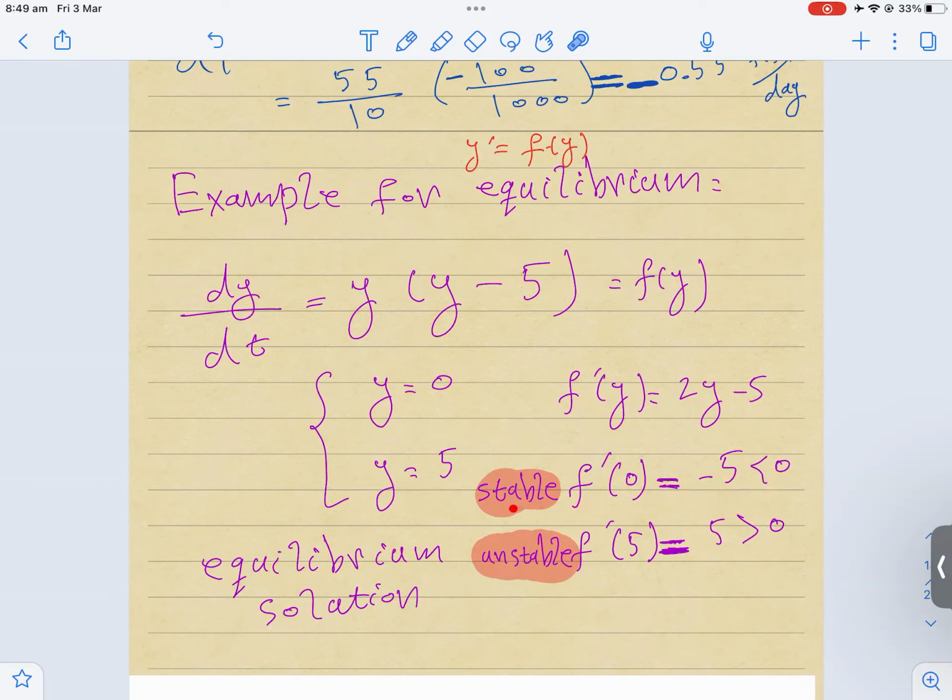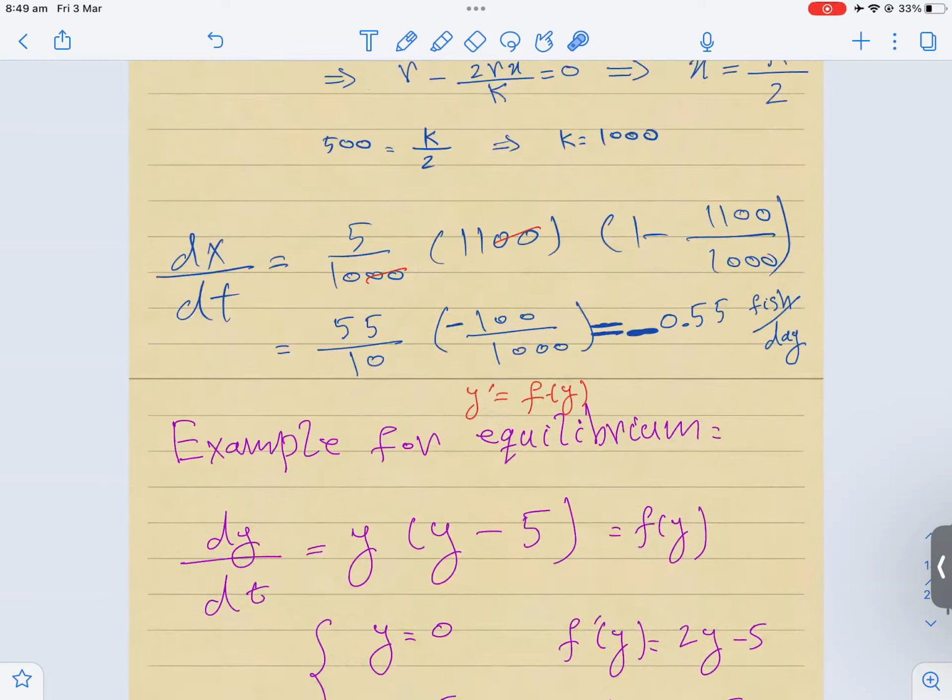So this means 0 is stable. It is unstable when f prime of 5 is more than 0. What does unstable mean? It means the solutions are moving away from that. Stable means the solutions are getting attracted to that.